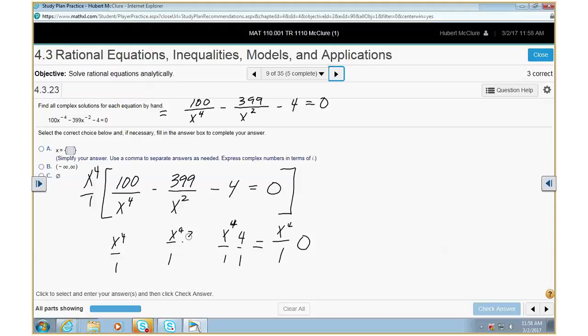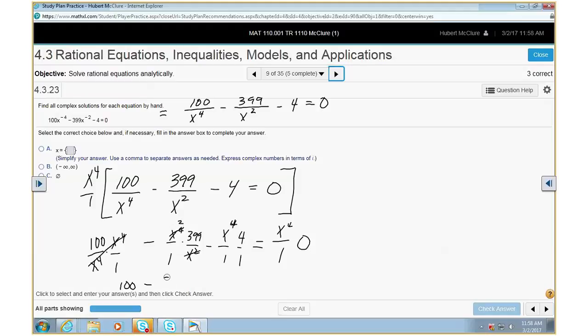It's 399 over x squared, and 100 over x to the 4th. And of course, the x to the 4th cancel, and that leaves you with 100. X squared will cancel with that and make that x squared.